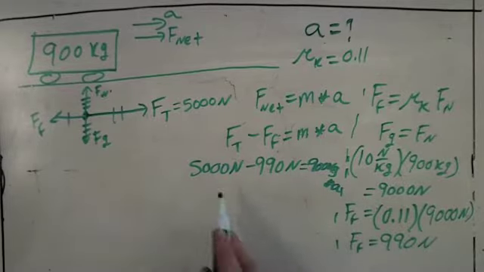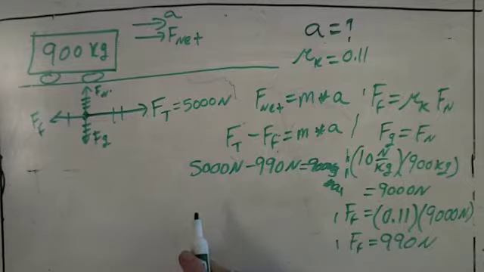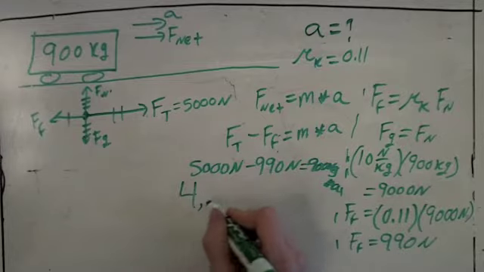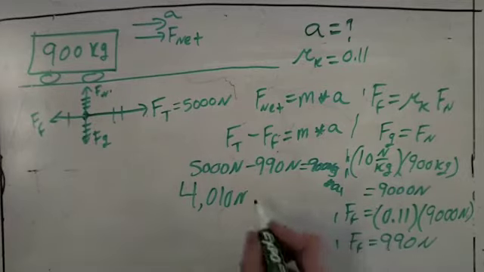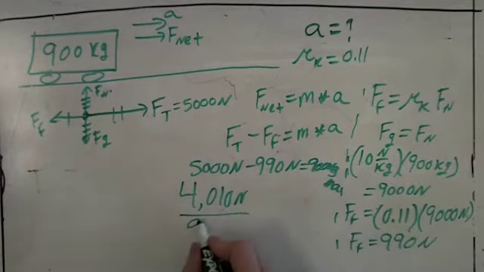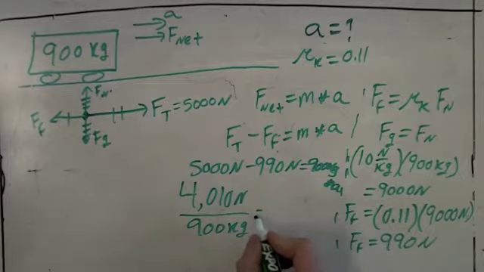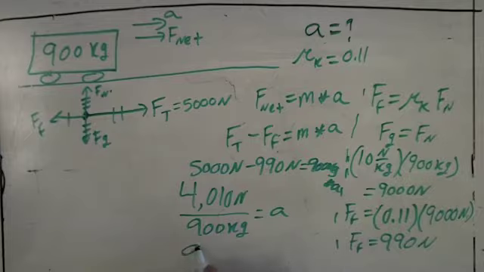So let's see. 5,000 minus 990, that would be 4,010 newtons. That's the net force in the direction of acceleration, and I can divide that by the 900 kilograms, and that's going to be the acceleration of the object. So this car is accelerating at 4.46, and I'm rounding, meters per second per second.